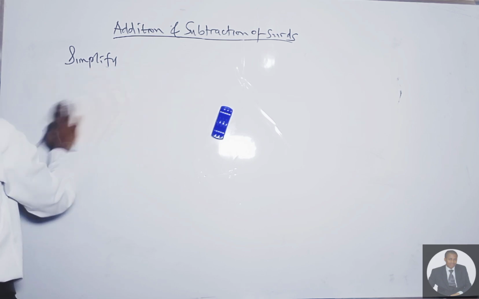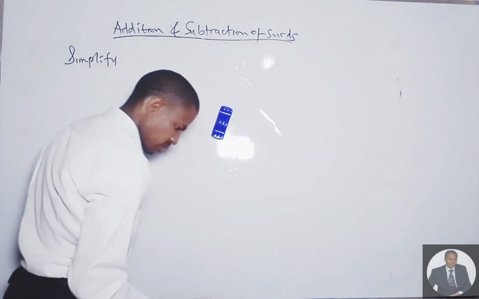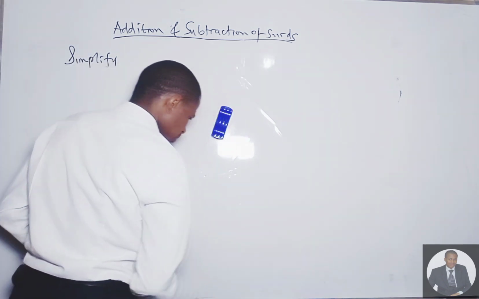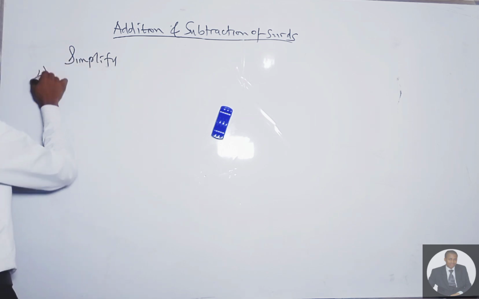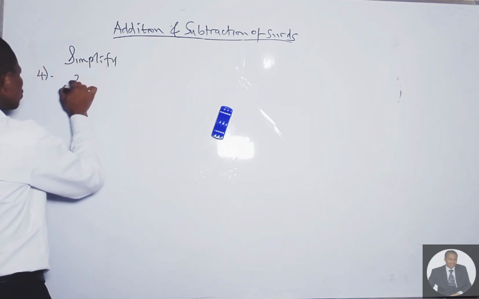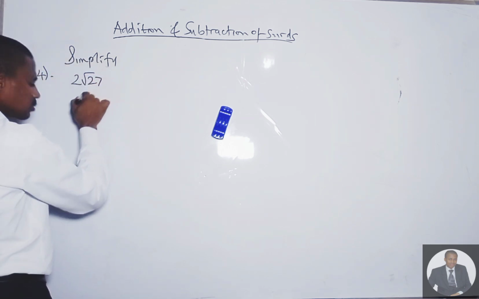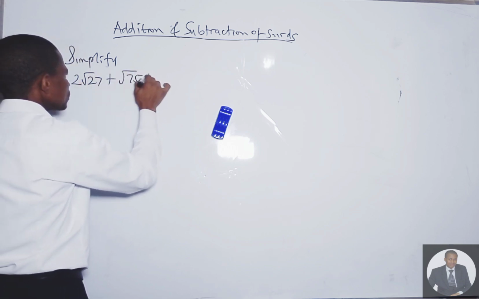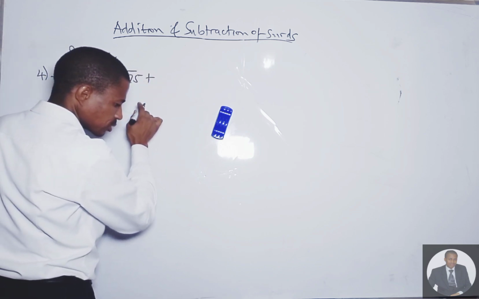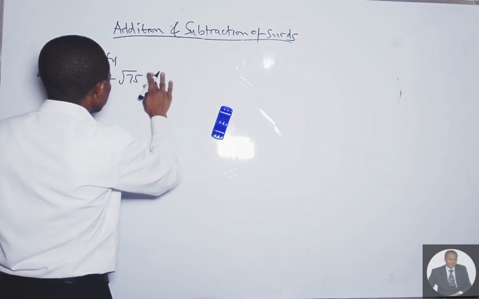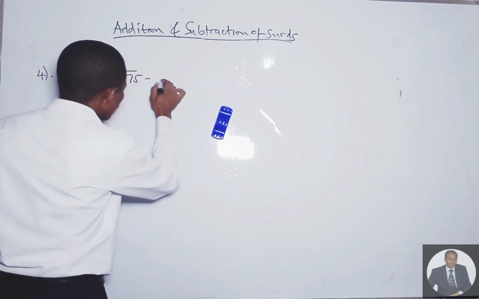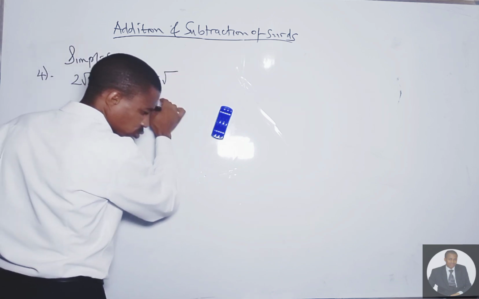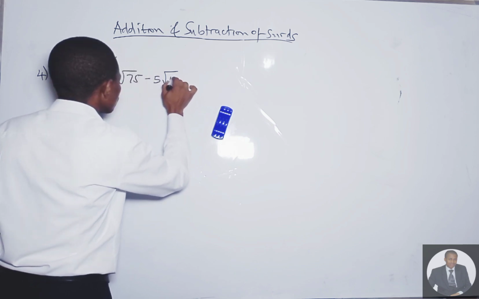Yet another question. Question 4. Simplify 2 root 27 plus root 75 minus 5 root 12.